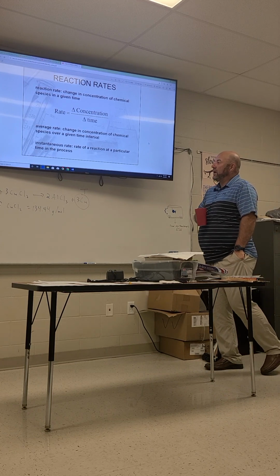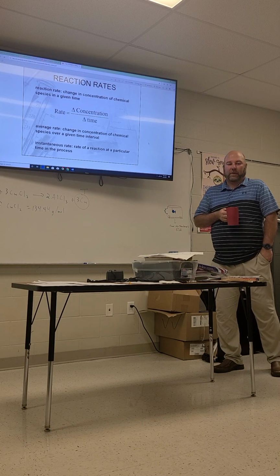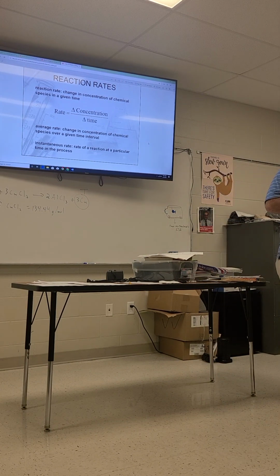All right, so average rate is over a specific time interval. If you look between time 0 and time 20, that's 20 seconds, minutes, hours, whatever. And then the instantaneous rate is what you were looking at on Friday, so at that particular time.